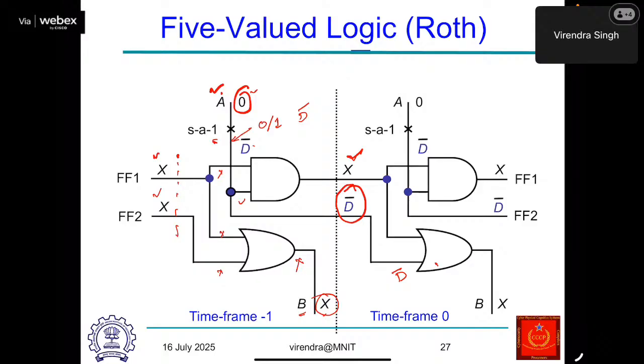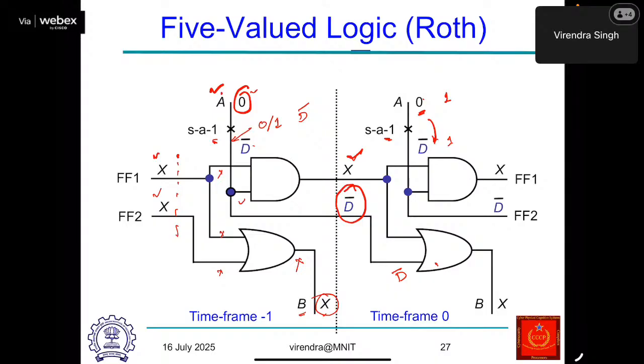Now keep in mind that this same fault exists in the another time frame. So if the same fault exists in the other time frame, if I apply 0 here, in that case this will make us D bar. If I apply 1 over here, in that case the output will remain 1 over here.